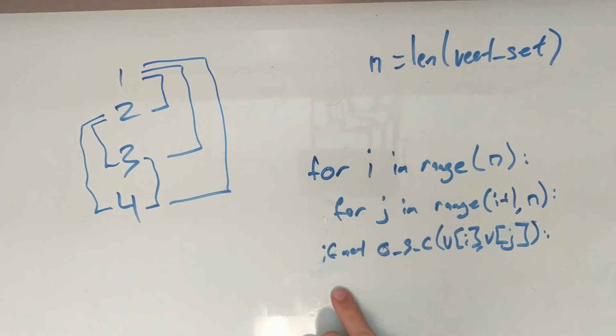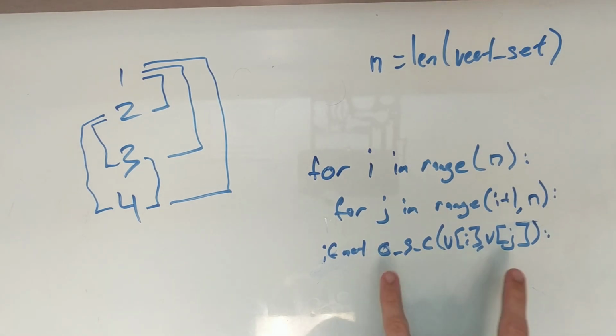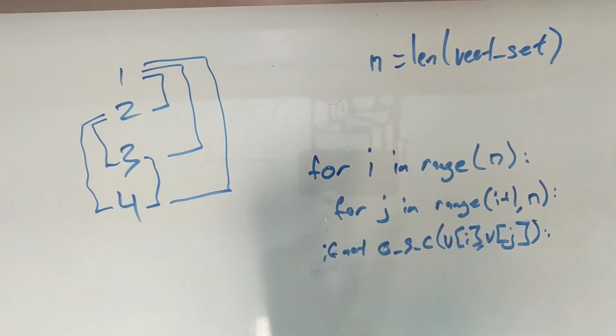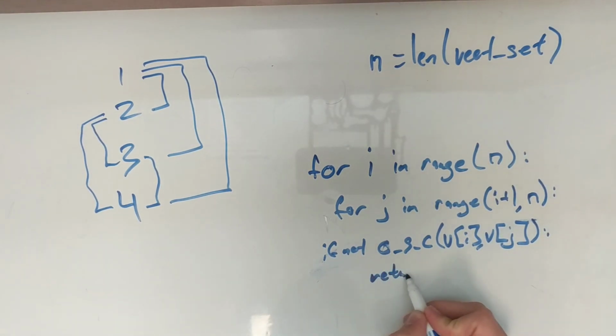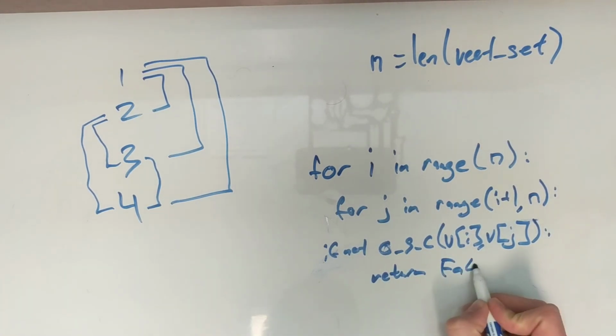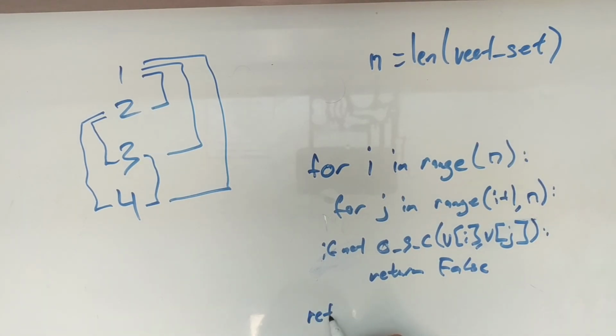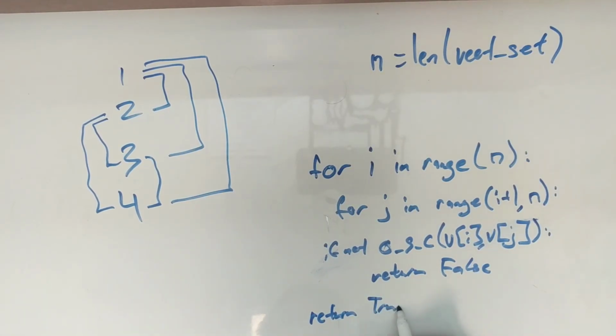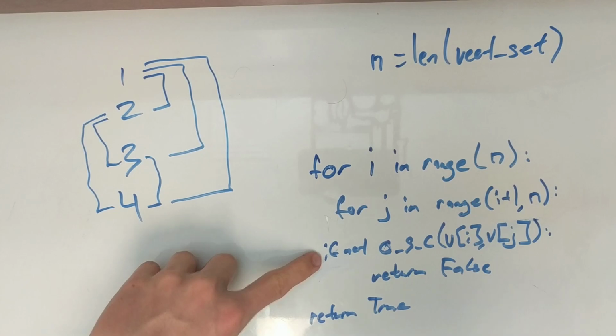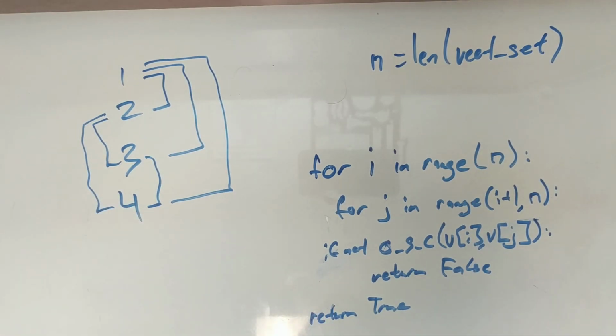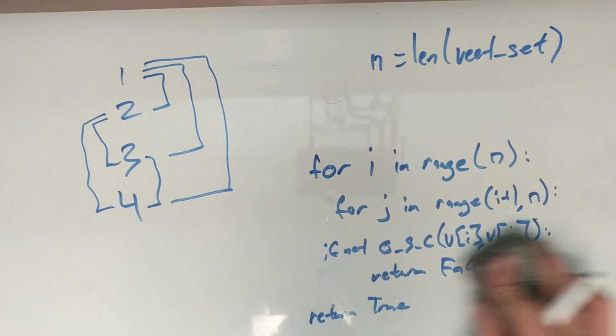So even if this happens only once, if you don't have orthogonal vectors just once, then you would return false. However, if every single one is orthogonal, this will never trigger, and so at the very end I'd put return true. If one fails and hits the statement, it'll return false and quit. But if you go through and never hit this statement, then it will return true at the very end. So that's how I'd phrase that one.